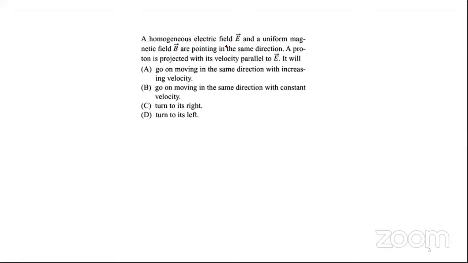A homogeneous electric field E and uniform magnetic field B are pointing in the same direction. A proton is projected with its velocity parallel to E. What will happen to its speed and direction?